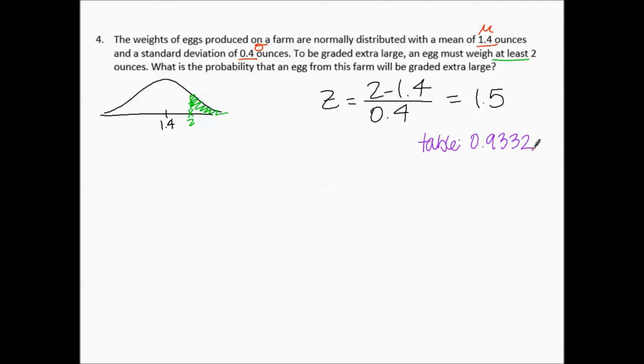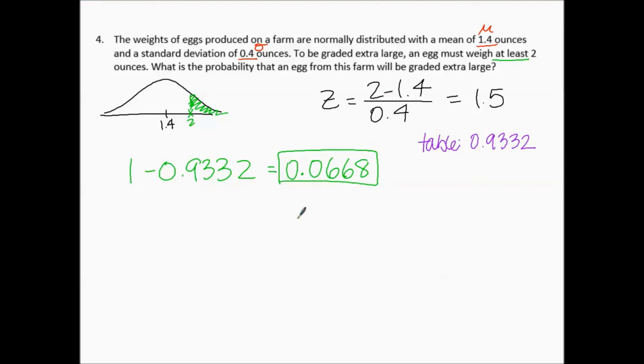Since the table tells me the probability that something will be less than that z-score, and I want to know the probability that something is more than that z-score, I need to do 1 minus that number that I found in the table, which gives me 0.0668 as my final answer. So the probability of an egg from this farm being extra large is 0.0668.